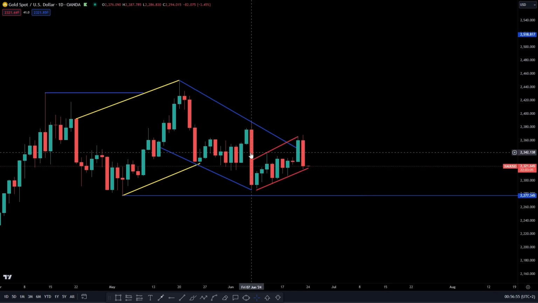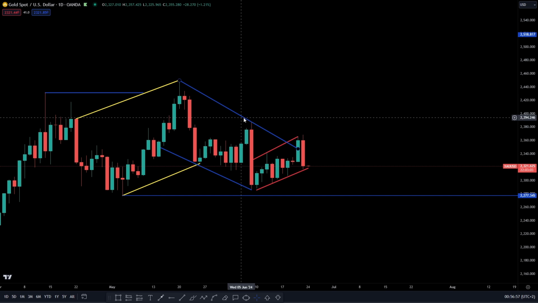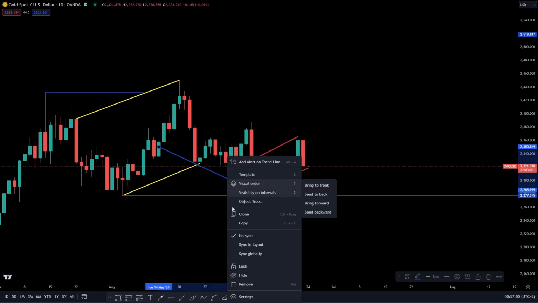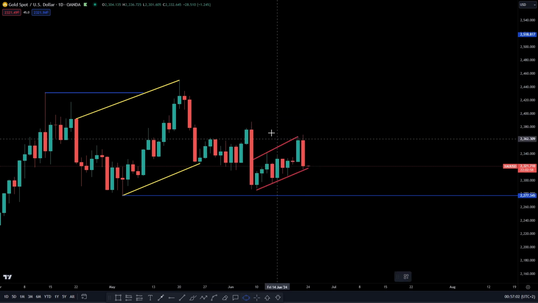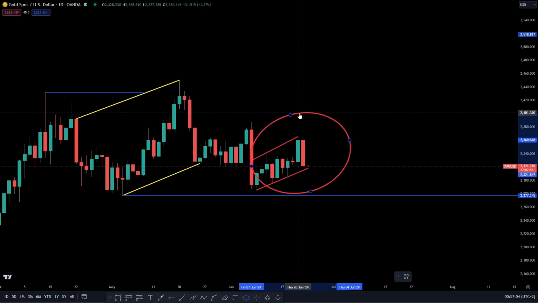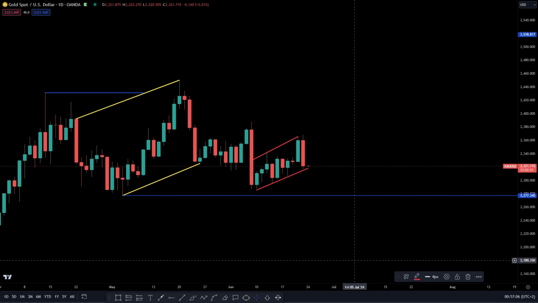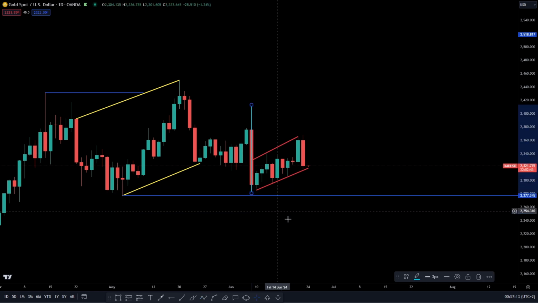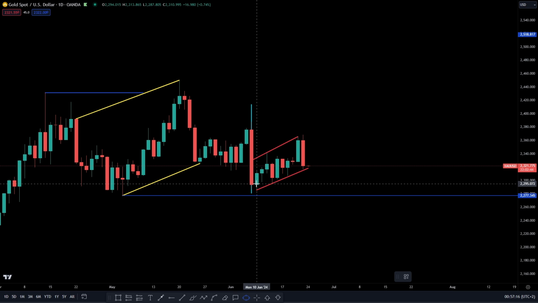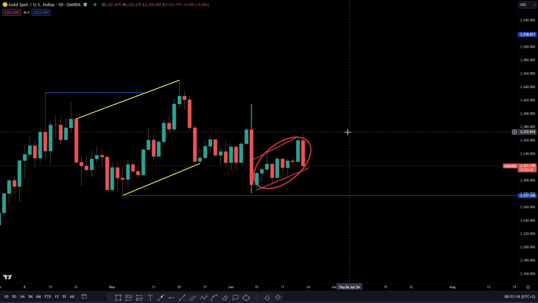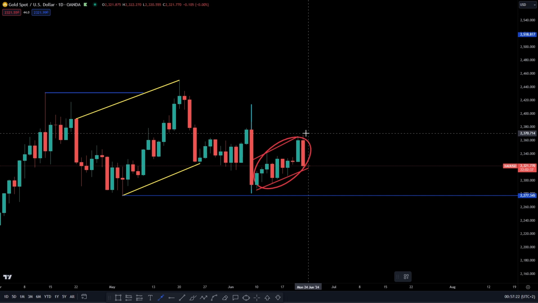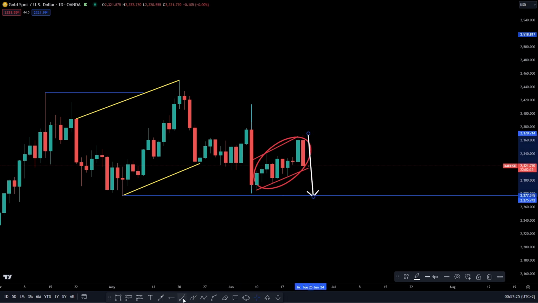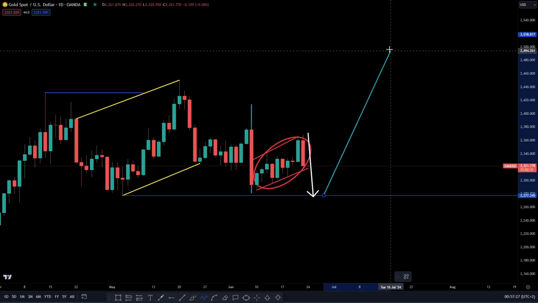So if we hide this for a sec and we focus on this here, you can just think that this red candle is one big impulsive push downwards, and it's followed by a correction which is pointed upwards, which means we can expect one more push down before price continues higher.